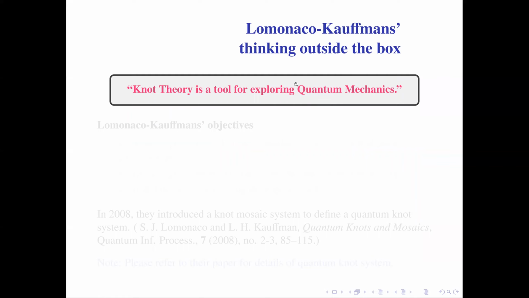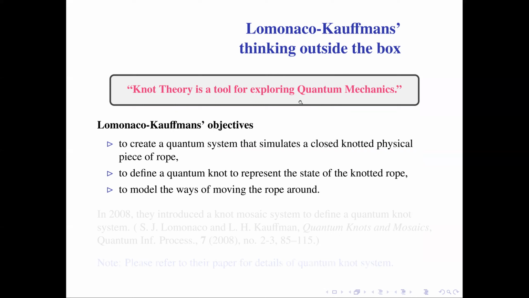Then Lomonaco and Kaufman thought knot theory would be a tool for exploring quantum mechanics. Their objectives are to create a quantum system that simulates a closed knotted physical piece of rope, to define a quantum knot to represent the state of the knotted rope, and to model the ways of moving the rope around.